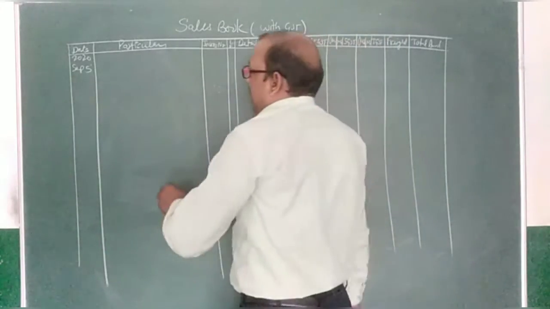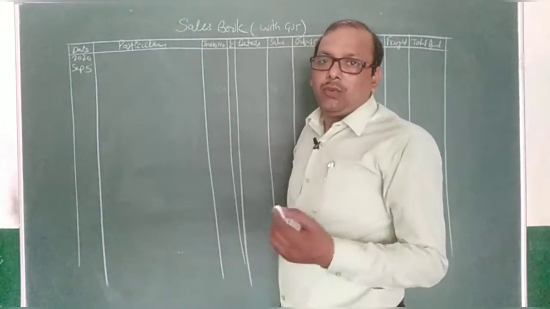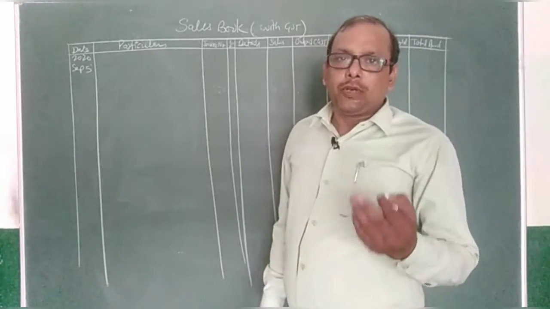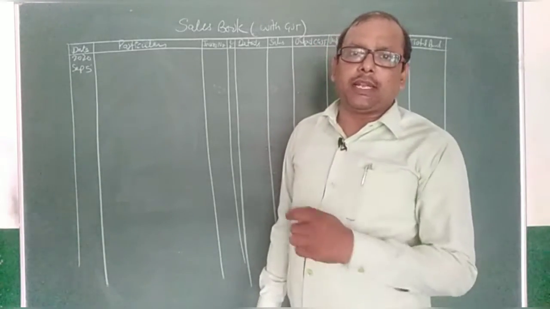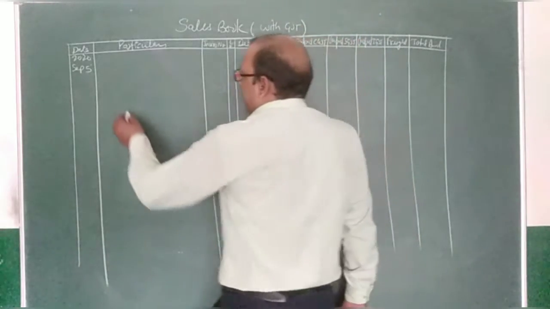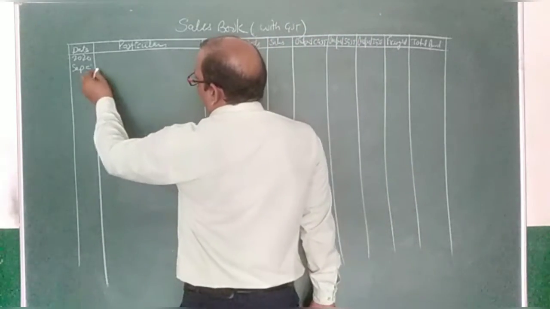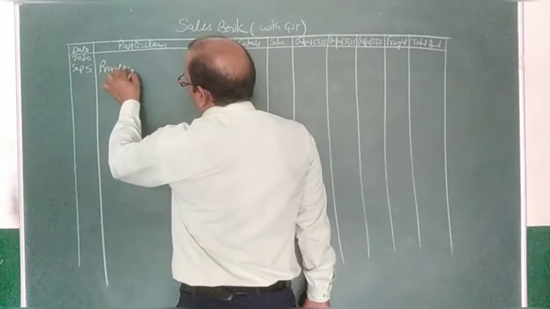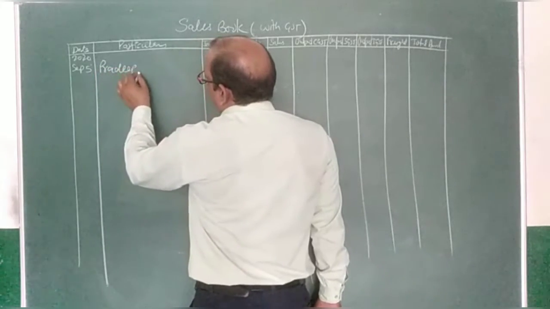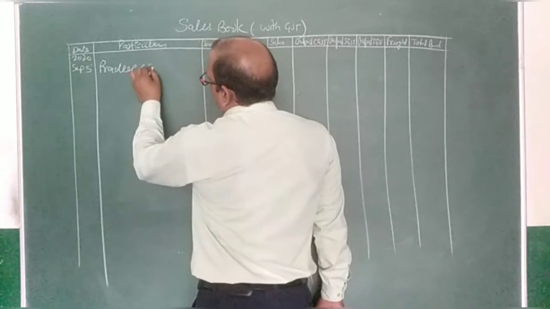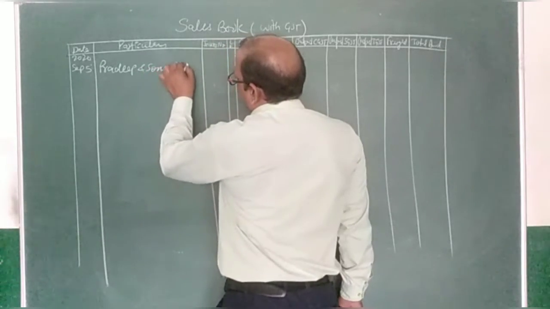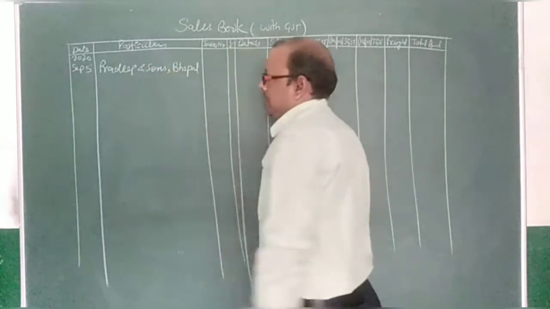Let's see, on September 5, you are a dealer of food grains. You sold to Pradeep and Sons, Bhopal.